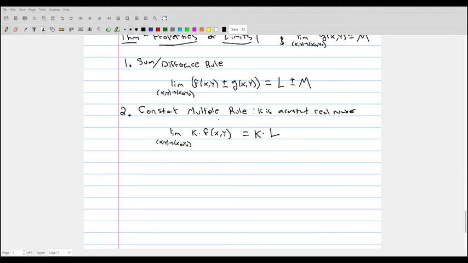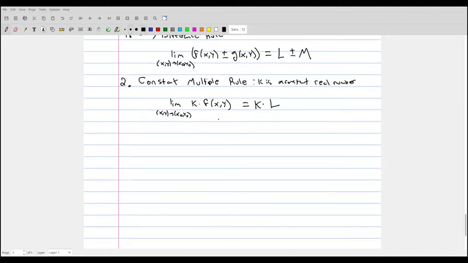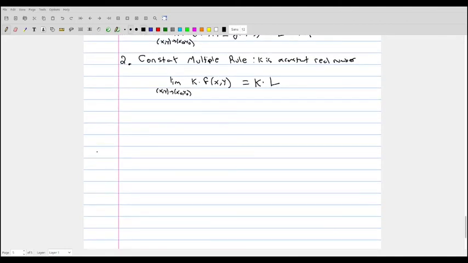This is for any constant k. You can say that a constant multiple passes through the limit.